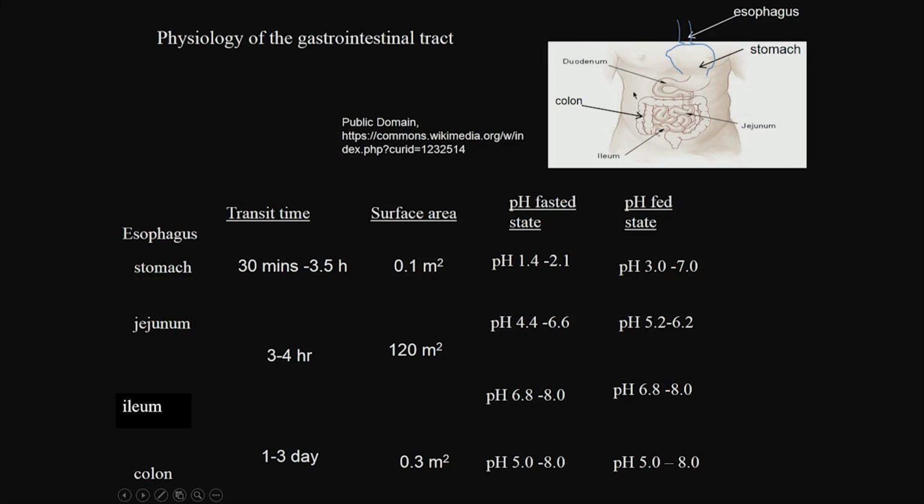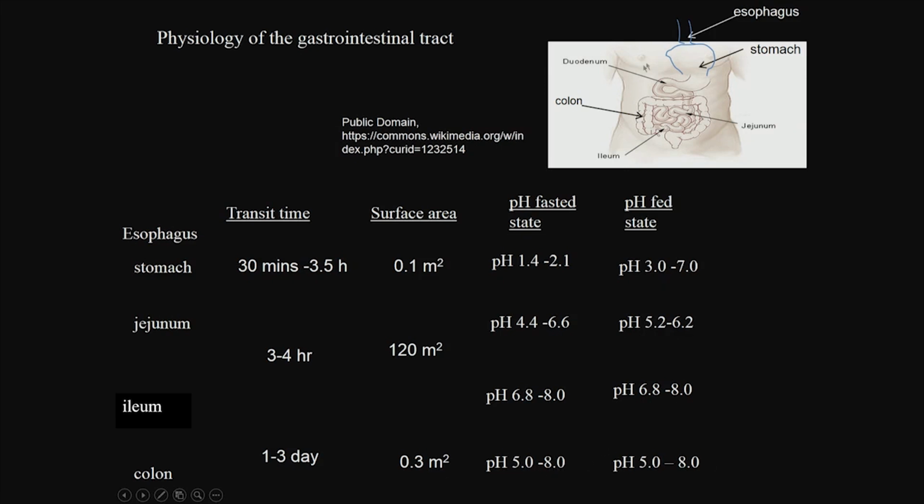Okay. So, the surface area of the small intestine, jejunum, is very large. So, we can expect a lot of drug absorption in this region when compared to, say, the stomach, and pH is also very low in the stomach. Now, if you go to the colon, the transit time is 1 to 3 days, the surface area is 0.3 meter square, it has gone down tremendously, pH is also high, 5 to 8.